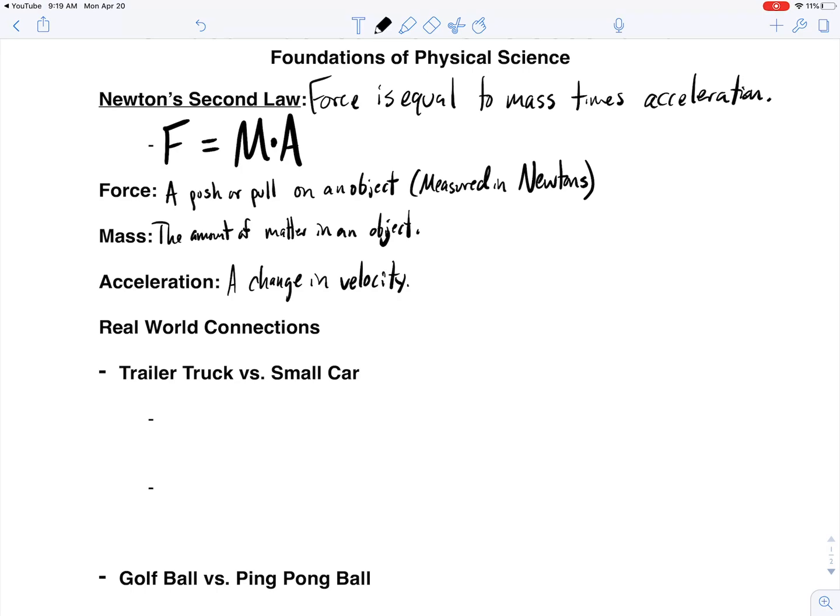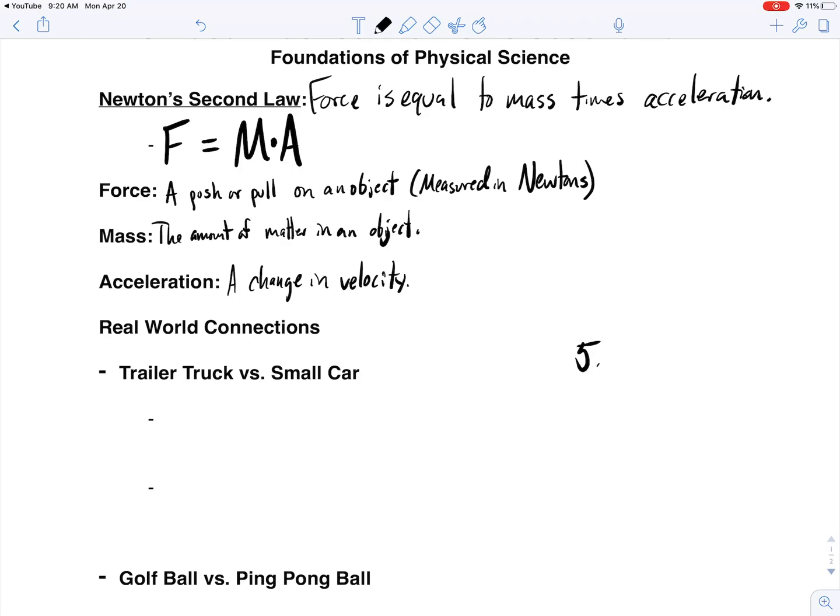So let's do a couple real world connections here. Let's think about Newton's second law in action, and I often think about things like race cars, and it's hard to isolate these laws into one example because all three of the laws are tied together so closely, and you'll see what I mean here in a second. But let's do some basic math. Let's say that we have an object with a mass of 5 grams.